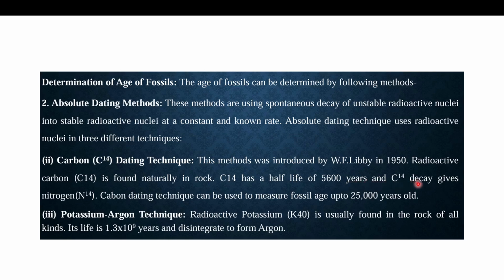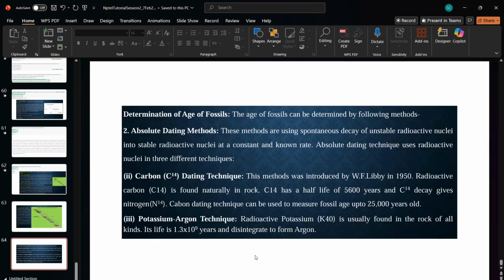The decay gives nitrogen, and carbon dating can be used to measure fossil age up to 25,000 years. Then there is potassium-argon dating, where potassium K40 is found in rocks of all kinds, and its half-life is 1.3 times 10 to the power 9 years, and it decays to form argon. Okay, so that's it for today's tutorial.